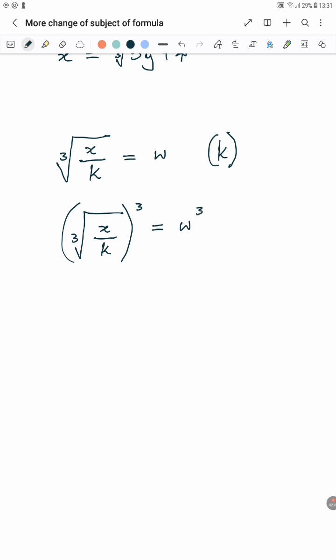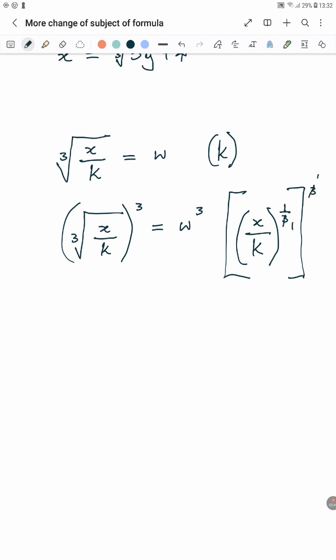So here I want you to understand again that this expression under the cube root sign is the same as an expression that is raised to the power 1/3. And what we have done, we have raised this expression to the power 3 again. The reason being, we want to clear this power so that we remain with only 1.